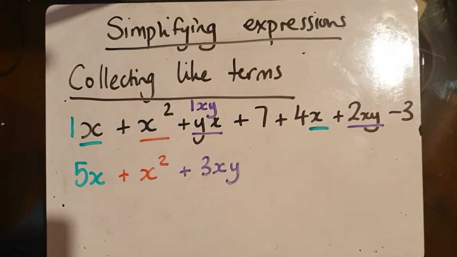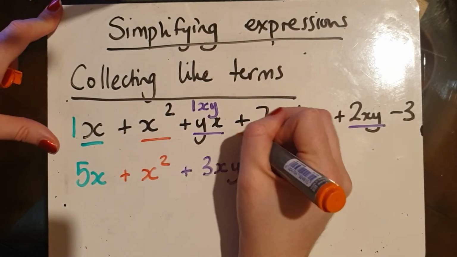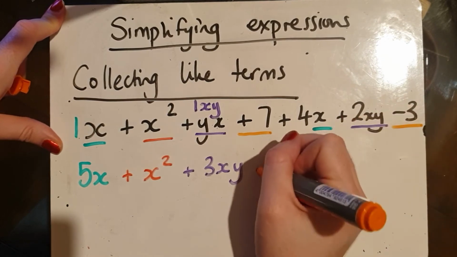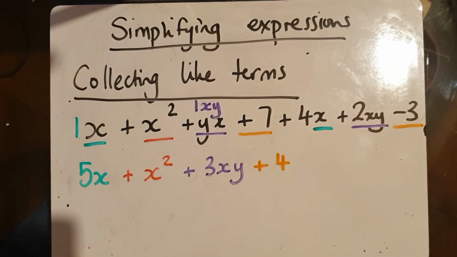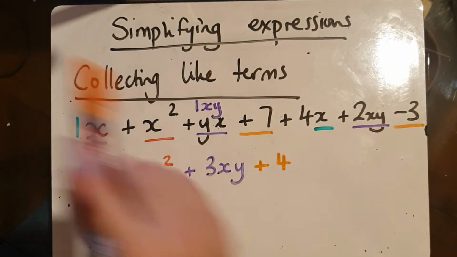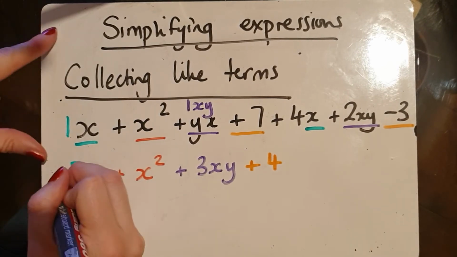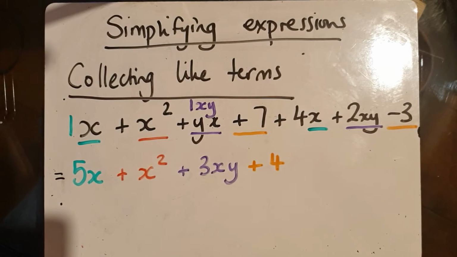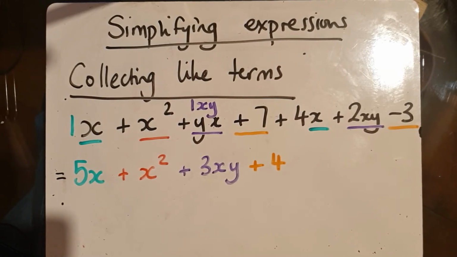Then finally, we've got the constant terms. We've got plus 7, minus 3, so altogether we have a plus 4. So this expression simplifies to 5x plus x squared plus 3xy plus 4.